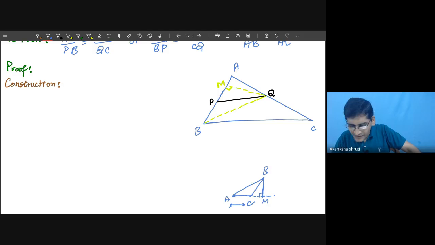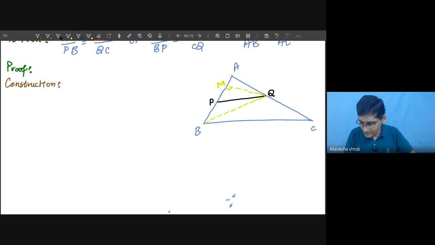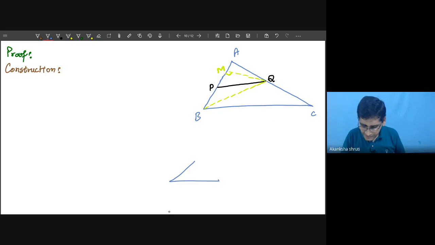So that's why if we consider the triangle PQB in the figure, this QM will act as the perpendicular for the side BP. Okay, student, once again please understand the same thing that I had explained. Let me explain a bit more. Consider the triangle is like this, means it is your ABC.